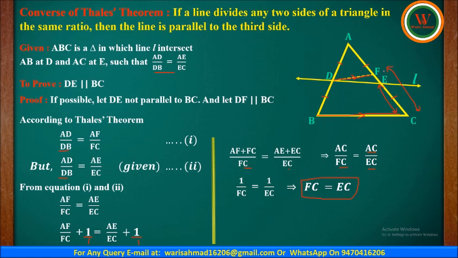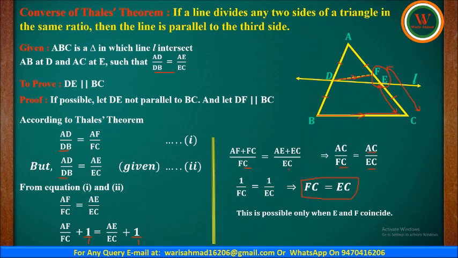This is only possible if F and E both are the same point. Once again I am repeating, FC and EC both will be equal when F and E both are the same point. So this is possible only when E and F coincide, meaning both are the same point.